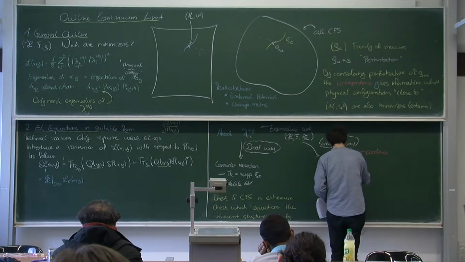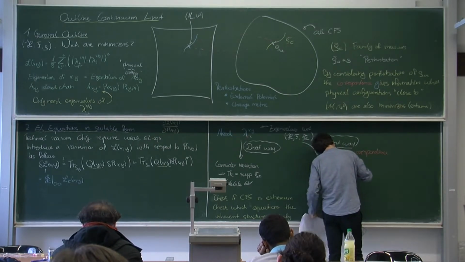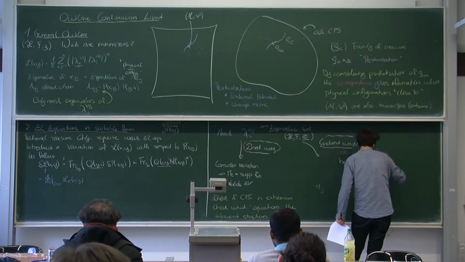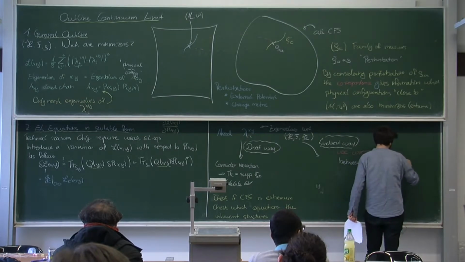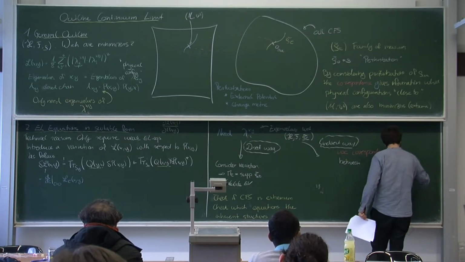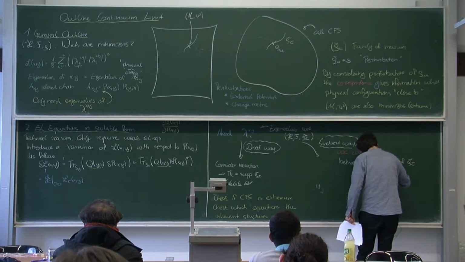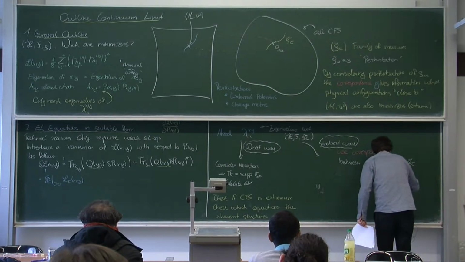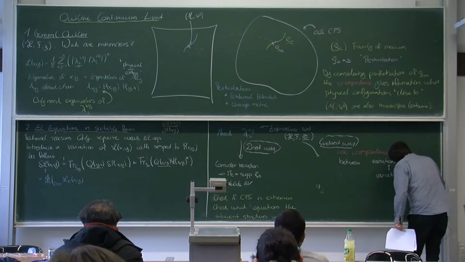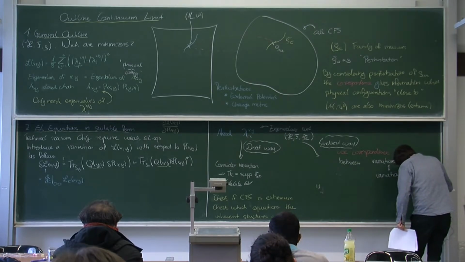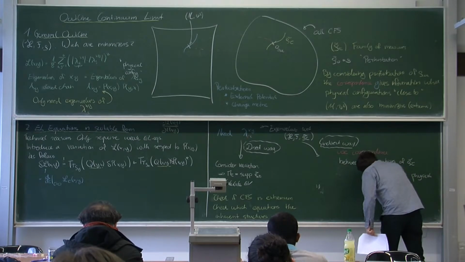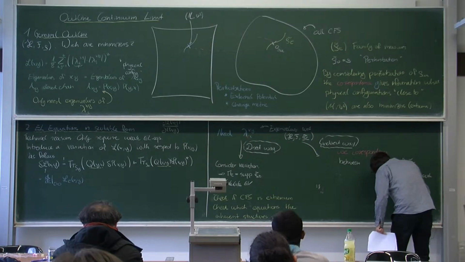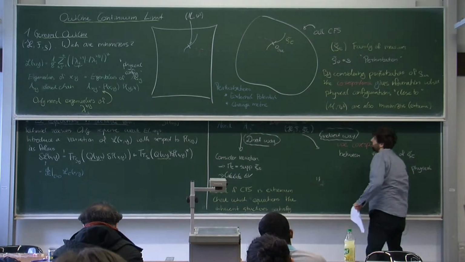This is a correspondence between, let me just write it like this, variations of rho tau tilde and variations of physical configuration. So this is basically what you use.